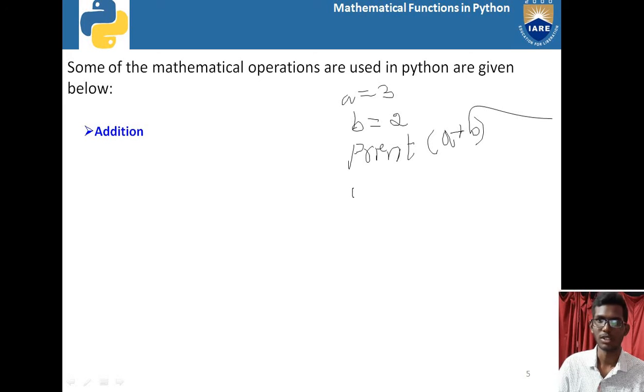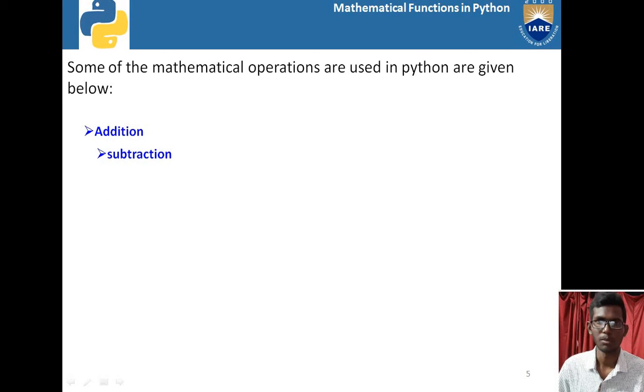Now we get the output: 3 plus 2 is 5. Addition is completed. So now we go to another operator, subtraction.